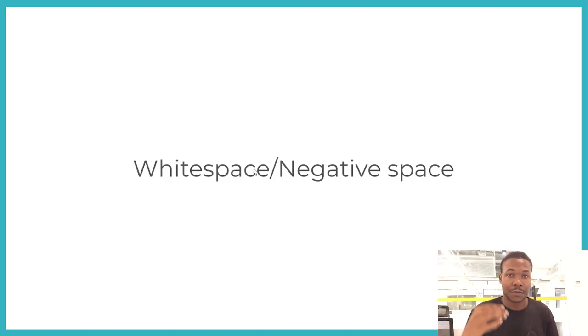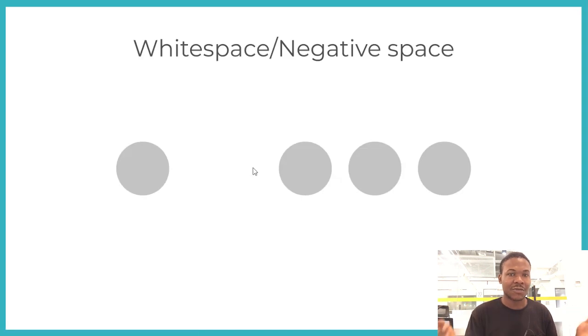So I'm going to show you some examples. As you can see, I'm using circles as well. One of them is a little bit off on its own, with a lot of space around it, and the remaining three are grouped together. The one on its own naturally feels more pleasant to look at than the three.